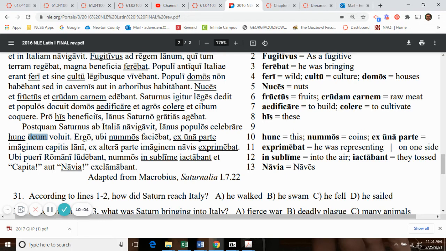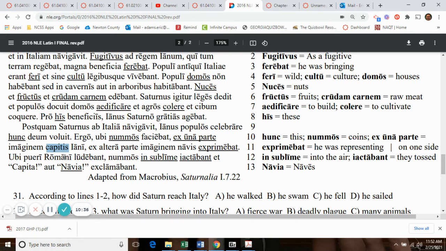Therefore, when he was making coins, ex una parte, on one side or from one side, he was representing the image of the head of Janus, ex altera parte, from the other side or on the other side, the image of a ship. And so here again, capitis, remember the word capitis means head. So on one side is the head of Janus, and on the other side, the image of a ship.